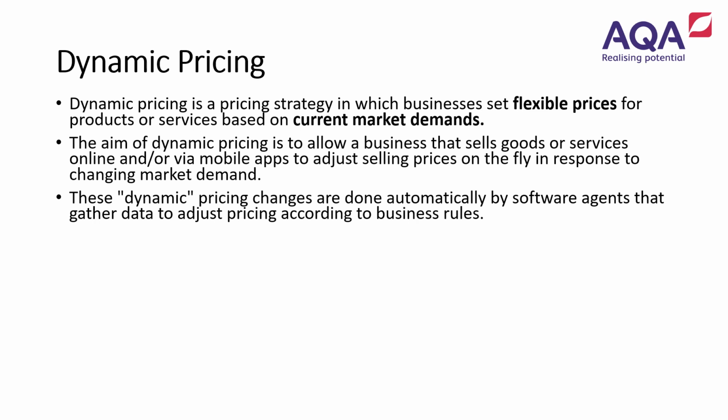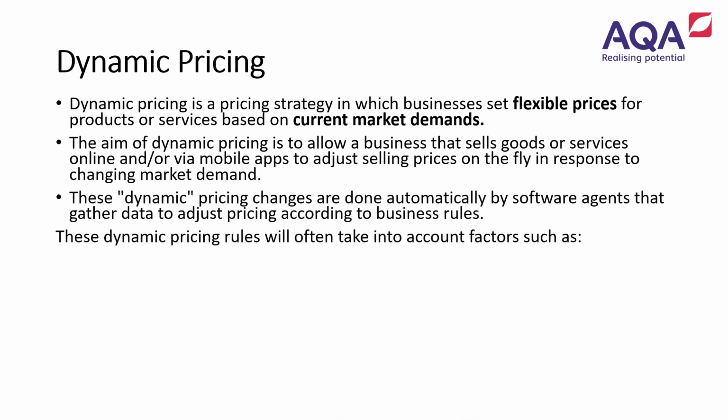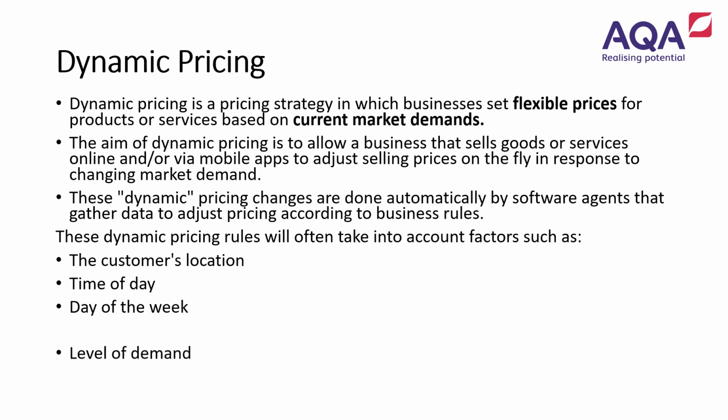These dynamic pricing changes are done automatically by software agents that gather data to adjust pricing according to business rules. It will take into account factors such as the customer's location, time of the day, days of the week, level of demand, and competitors' pricing. So again, there are both benefits and limitations to using dynamic pricing.